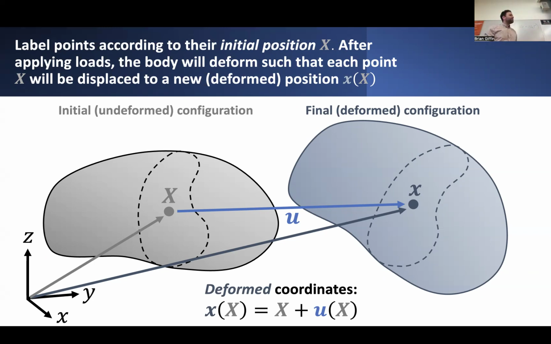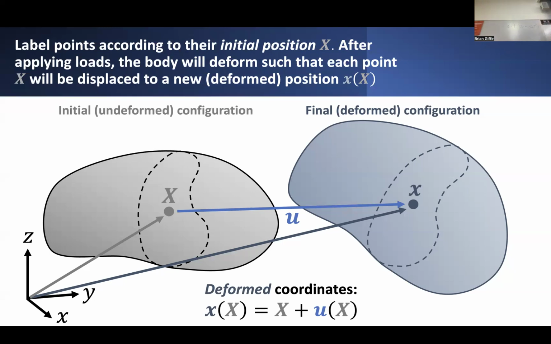But once I put loading on the structure, this particular point within the structure might deform. It might translate into some new coordinates, and it will displace by some amount u, some vector that describes the motion of that specific material point X. And its new deformed coordinates, which I'll denote with this lowercase x, within the deformed configuration of this structure, can be interpreted as just the original coordinates, capital X, plus the amount by which that coordinate has displaced, u.